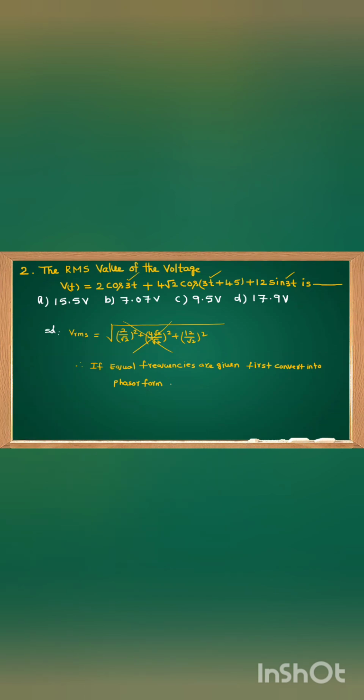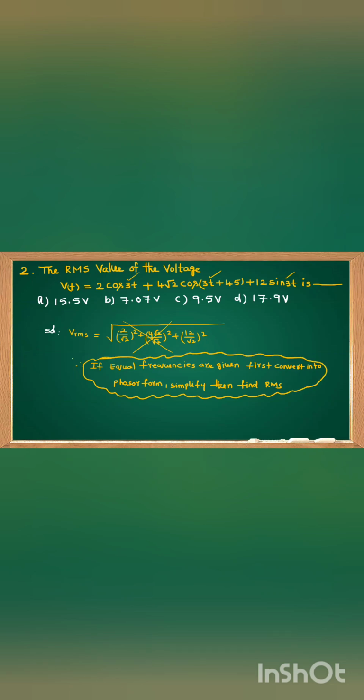Then simplify the phasor form, then find the RMS. That's why you should not directly apply that method. I'm not yet explaining how to represent in phasor form. Later on, after discussing the phasor form, I will solve this question.